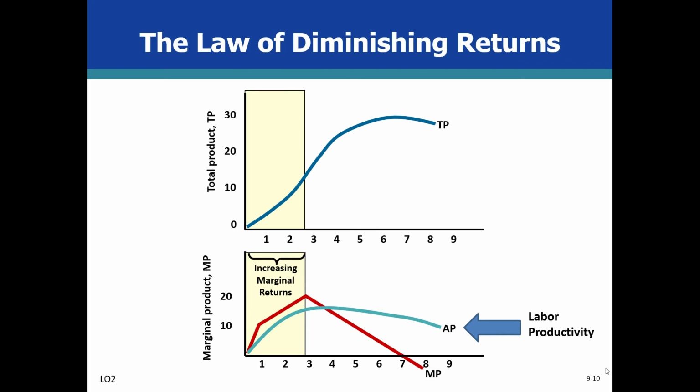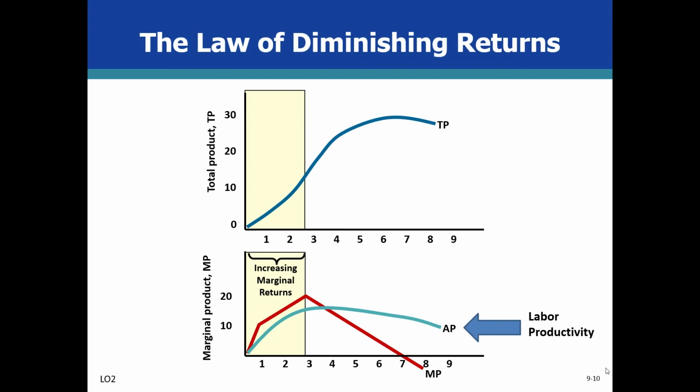Here is a graphic representation of the table that we've just reviewed. Total product continues to increase through 6 units of labor. More labor, more output. Marginal product increases for a time, then falls. Once the marginal product falls below the average product, it will continue to pull down labor productivity.